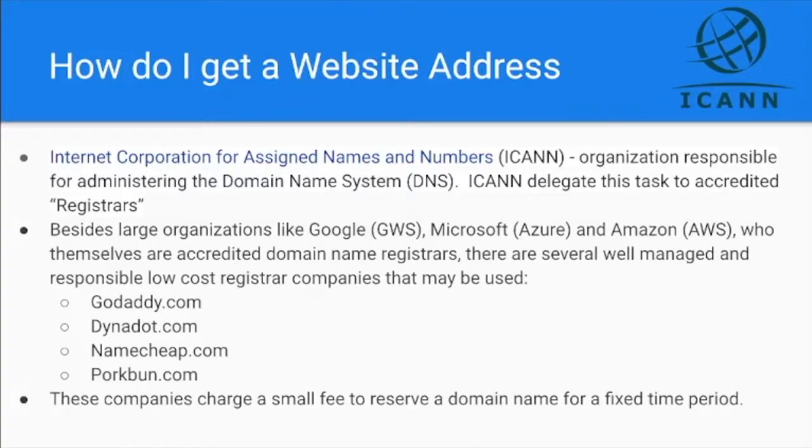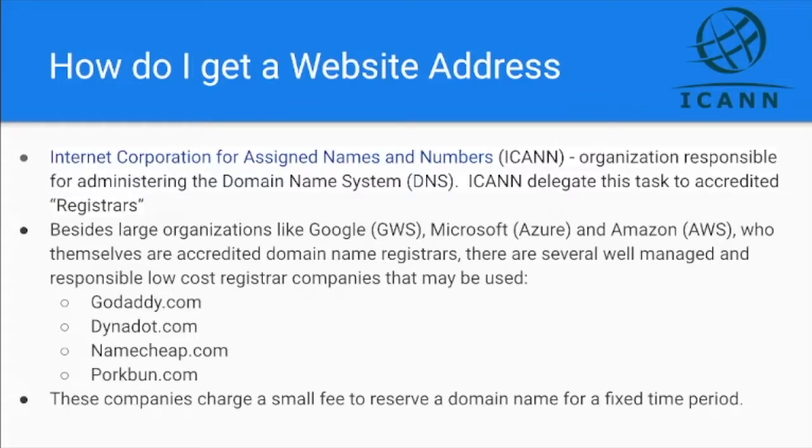Obviously a lot of governments like to try and get involved in them, but basically it came about from the universities getting together and they formed an organization. And this is the organization that's responsible for administering the domain name system. And they delegate some of that work to registrars, who are separate companies who are given the authority to issue and control domain names.